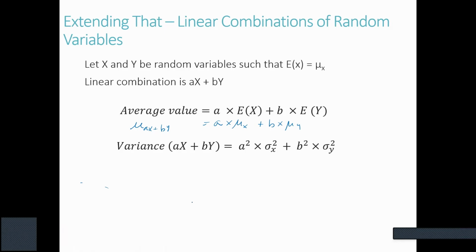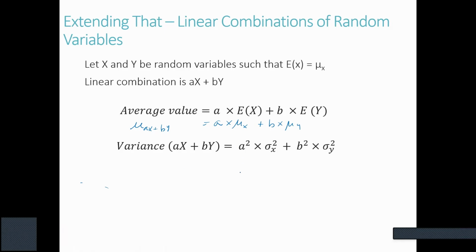And to get the variance, notice variances are squared things, so we'd have to take a squared times the variance of x plus b squared times the variance of y.